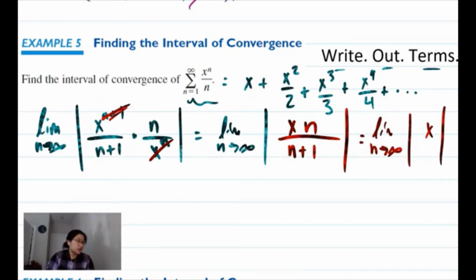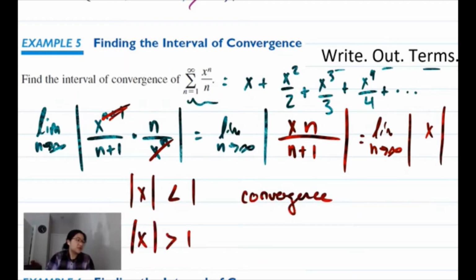But x is what's going to determine where our series converges or diverges. If the absolute value of x is less than 1, then we have convergence. And if the absolute value of x is greater than 1, that means we have divergence.